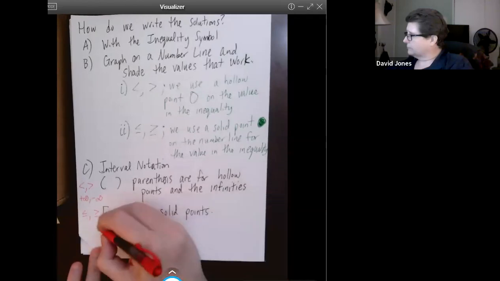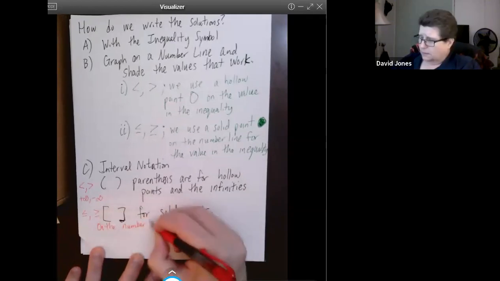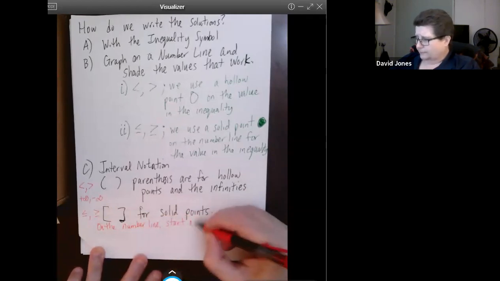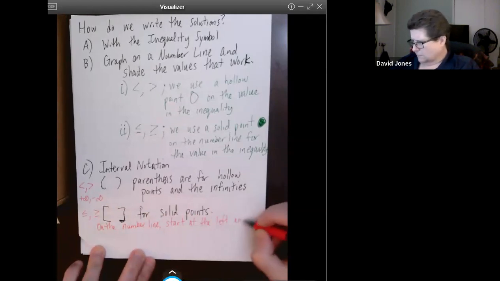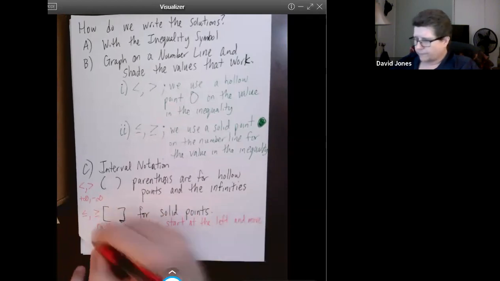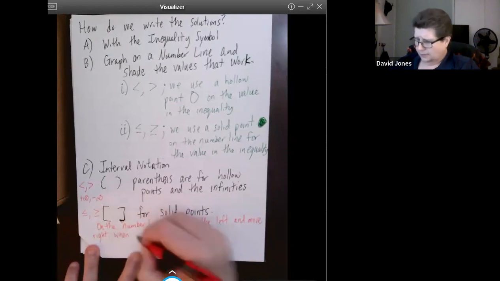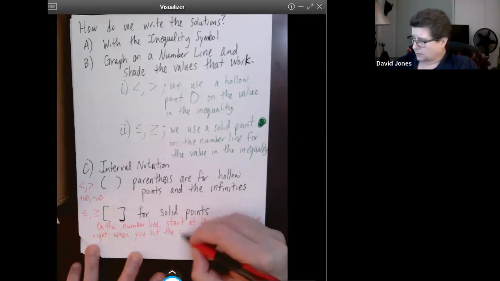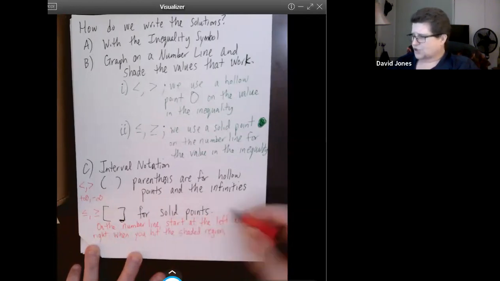So on the number line, start at the left and move right. When you hit the shaded region, start the interval.